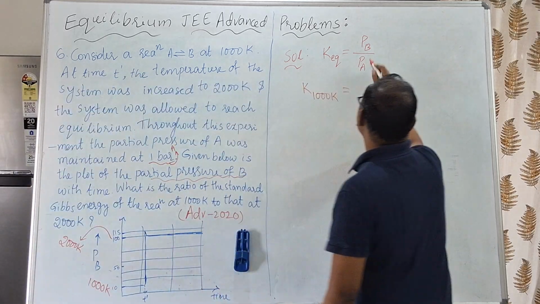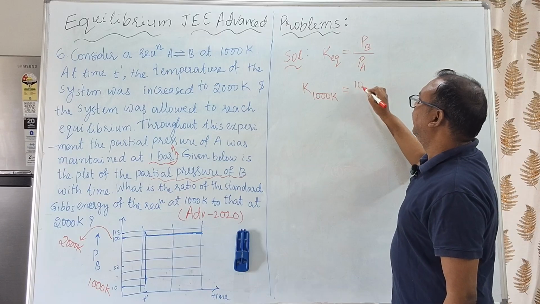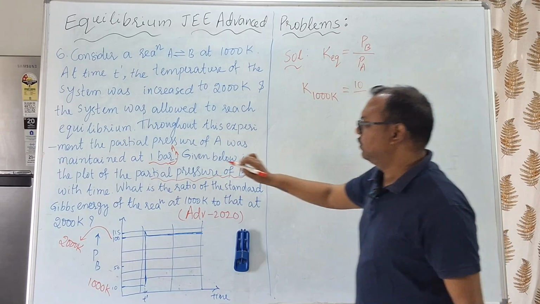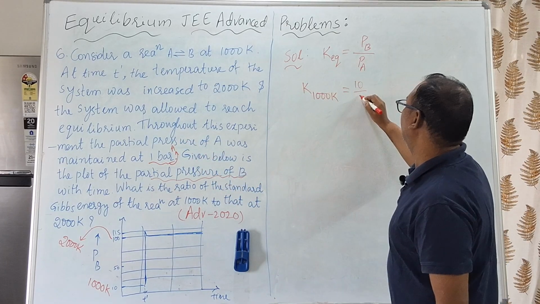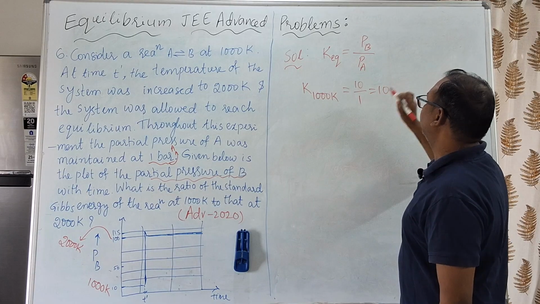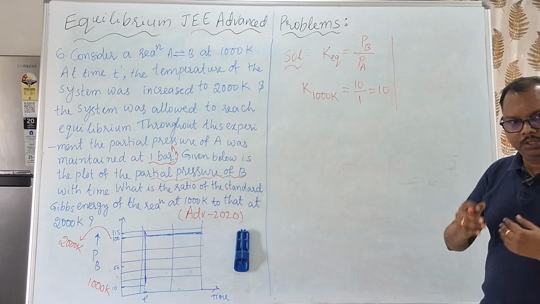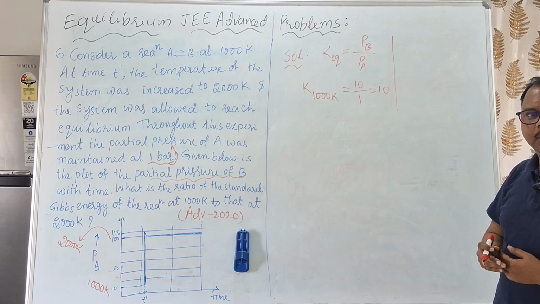Therefore, for K at 1000, PB is how much? 10. 10 by PA, how much is PA? Fixed, PA is 1 always. Therefore, K equilibrium here is 10. Similarly, if you consider K at 2000, what does it become?